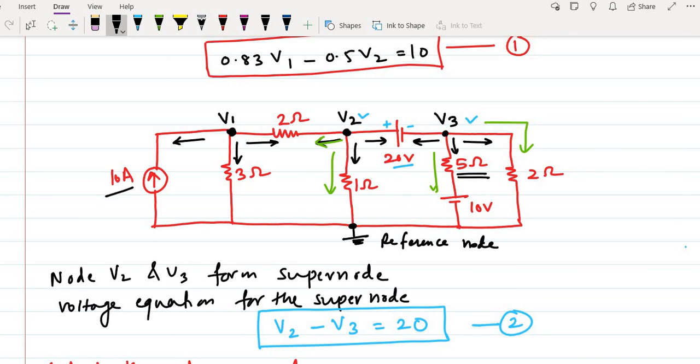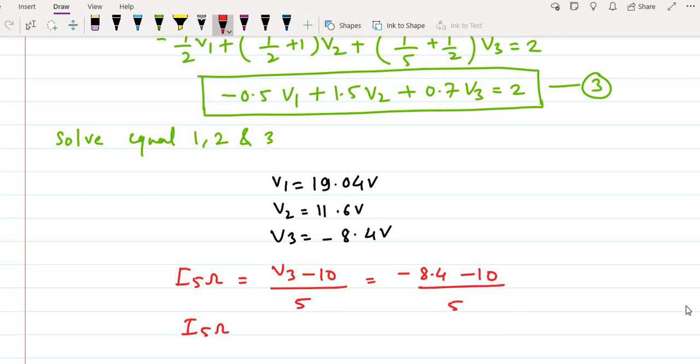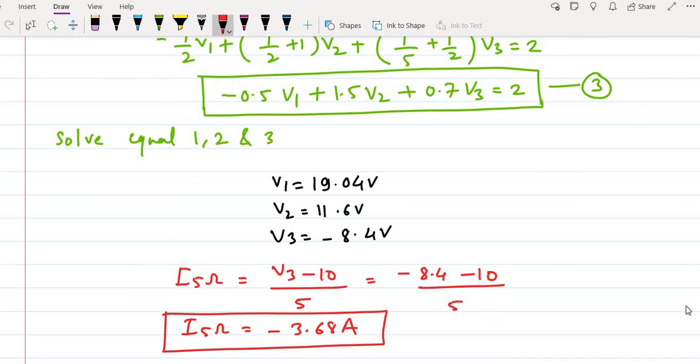It will be I 5 ohm equal to (V3 minus 10) divided by 5. V3 is minus 8.4, so (minus 8.4 minus 10) divided by 5. So the current through the 5 ohm resistor is minus 3.68 ampere. This is the required answer. Thank you.